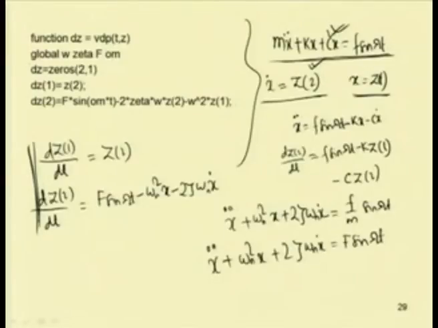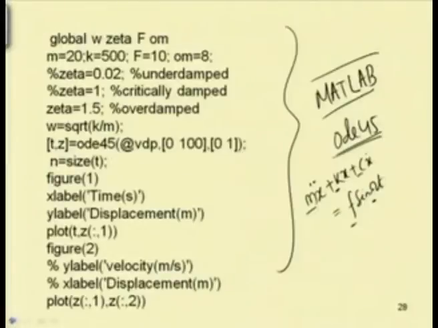By putting these as global variables, one can write dz equal to zeros of 2, 1, as we have two equations. So, dz 1 equal to z 2 is the first equation, and the second equation is dz 2 equal to f sin omega t minus 2 zeta omega z 2 minus omega square z 1. Using this function, one can use it in ODE 45, which is the command for finding the solution.